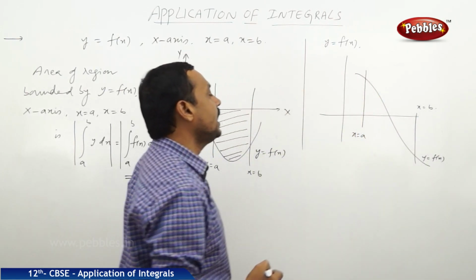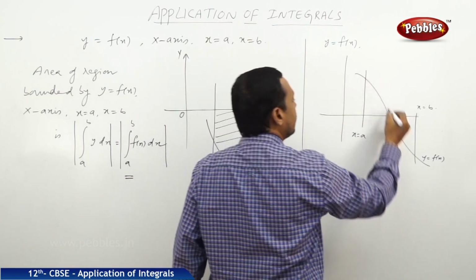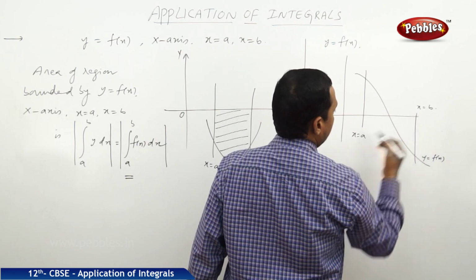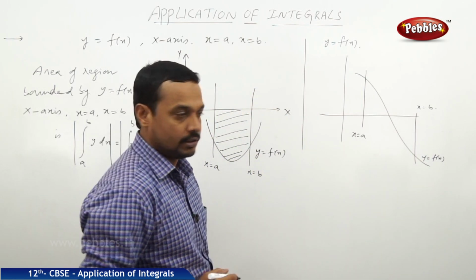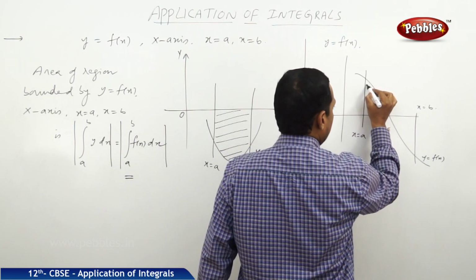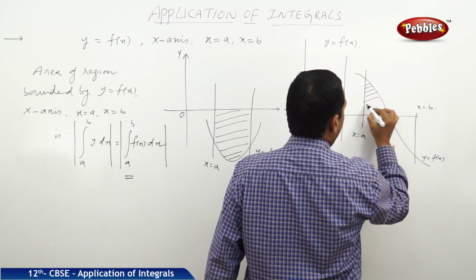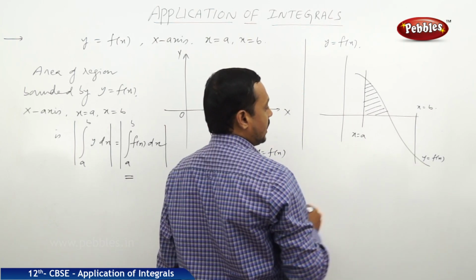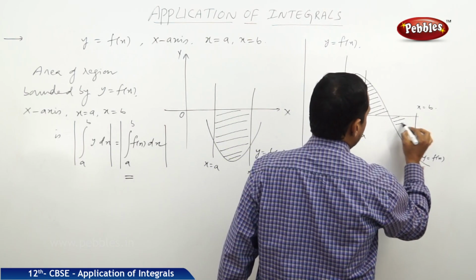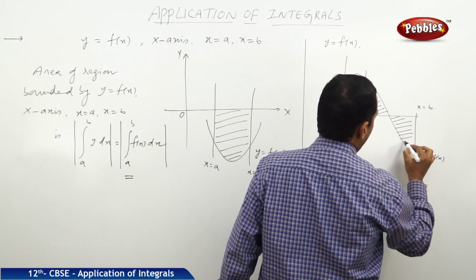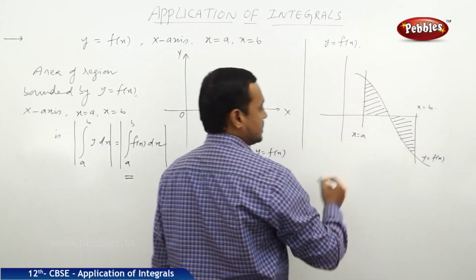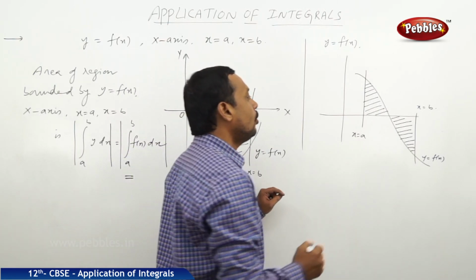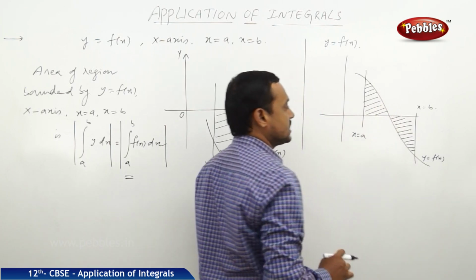Now what is the area of the region bounded by the curve y equals f of x with the x-axis between the limits x equals a and x equals b? Here you see, this is the area bounded by the curve with the x-axis, and this is also part of the required area. Some portion is above the x-axis.